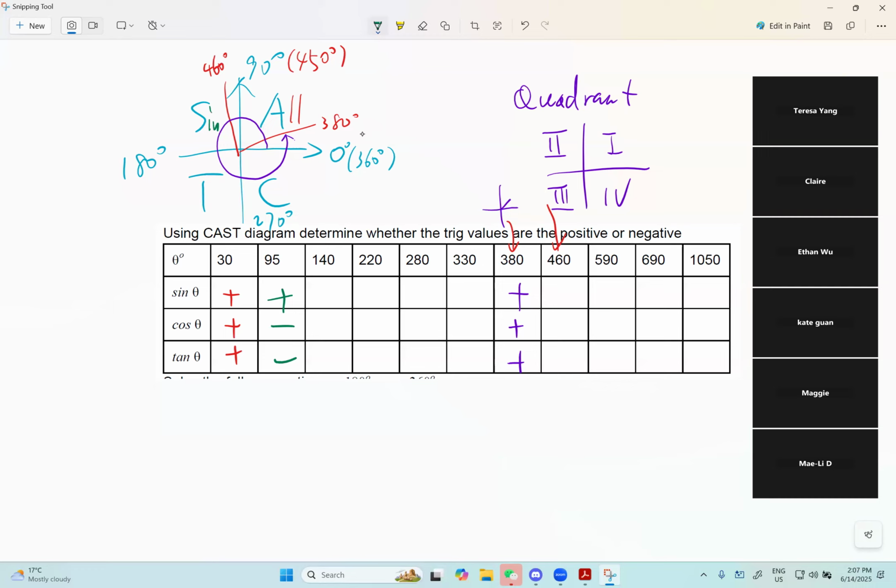Quadrant 4, cos positive, the other two negative. Okay, try to complete the table.